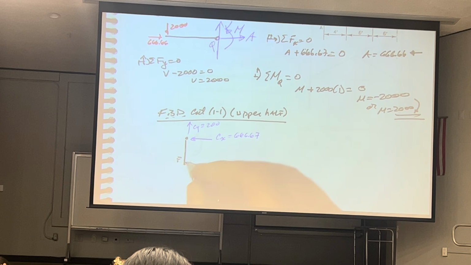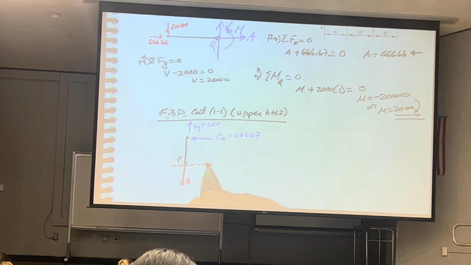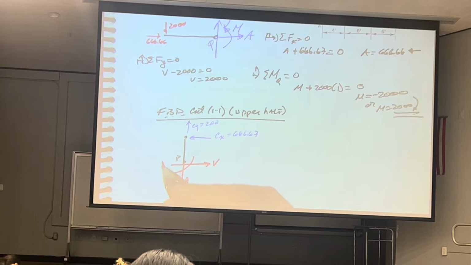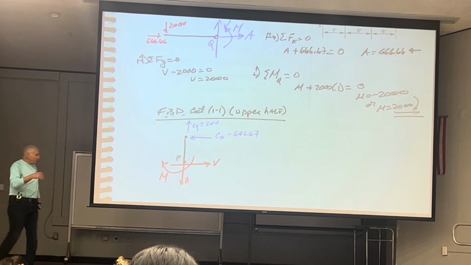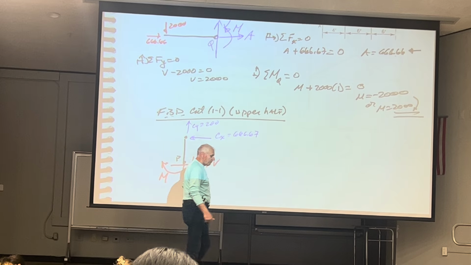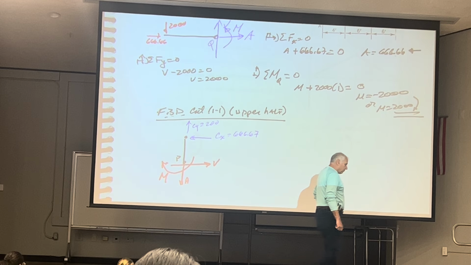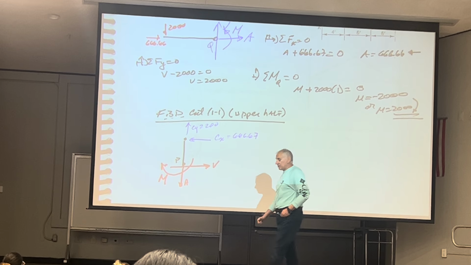Now on this cut, I'm going to have an axial along the axis of the member. I'm going to have a shear perpendicular to that member, and I'm going to have a bending moment, M. Again, all these directions in red are arbitrary. True or false? The axial force is always along the x-axis.